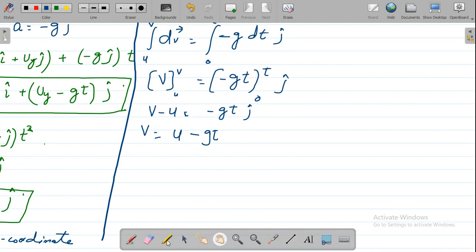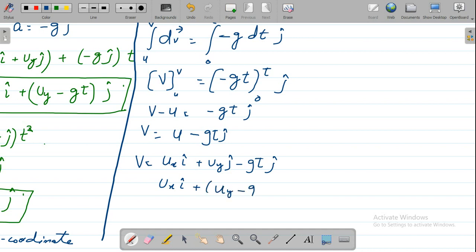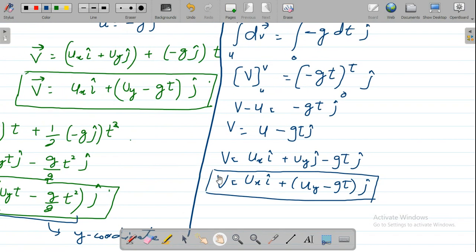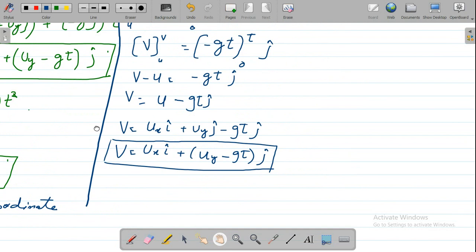So giving the value of u, that's the initial velocity, v will be ux i plus uy j minus gt j. So it will be ux i plus uy minus gt j cap. This is the velocity v, the same as we have calculated earlier.